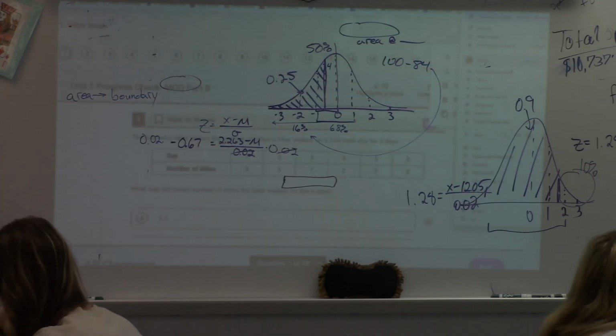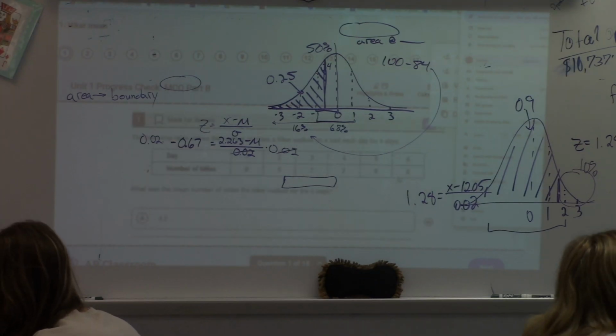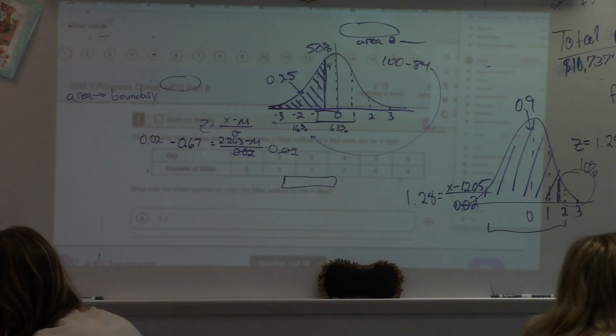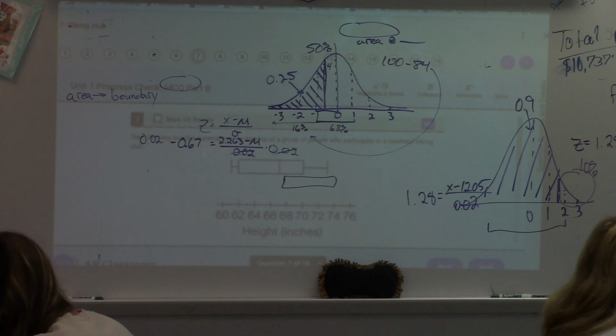Don't forget, by the way, you can use your calculator to find these means. Have we talked about how to do a weighted mean calculator? You don't need that. It's just 6 days and number of miles. We're good. Okay. First question is question 7.